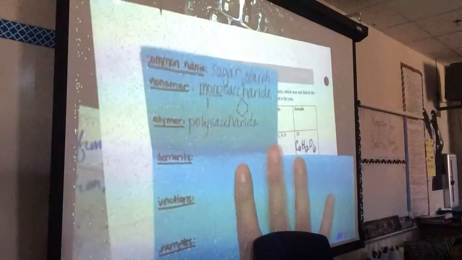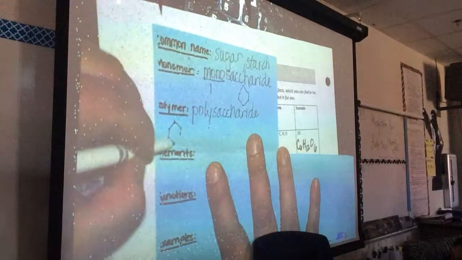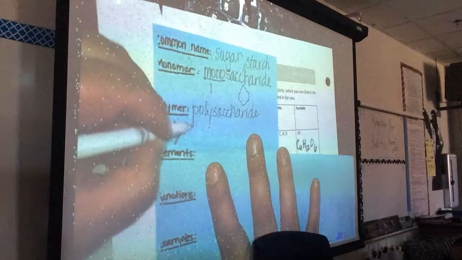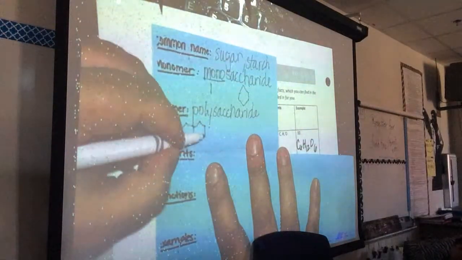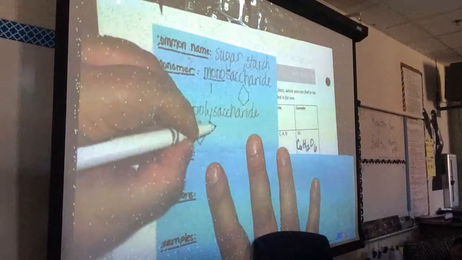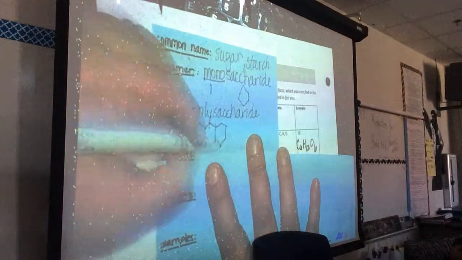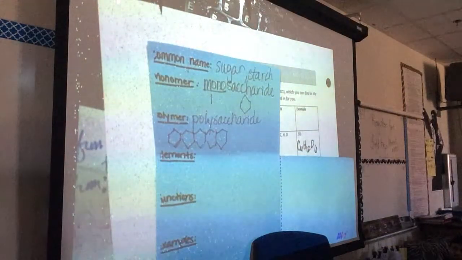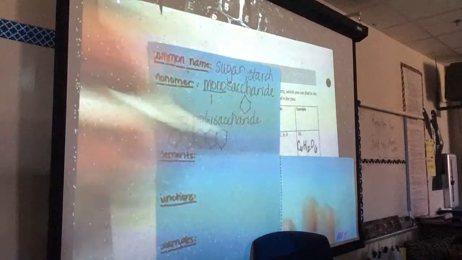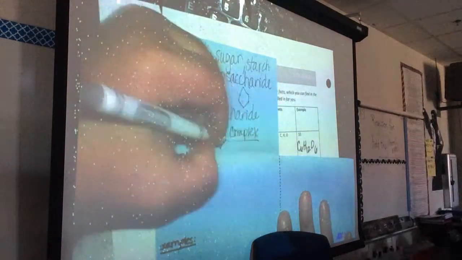So if I were going to draw a polysaccharide, now this is not the best artwork in the world, so bear with me. But I've got several of those hexagons together. It is more complex.